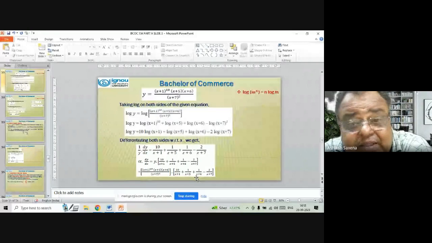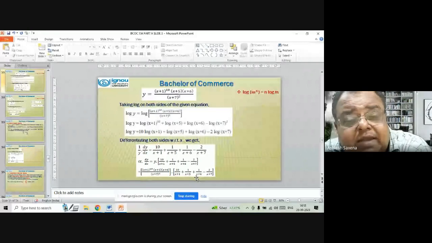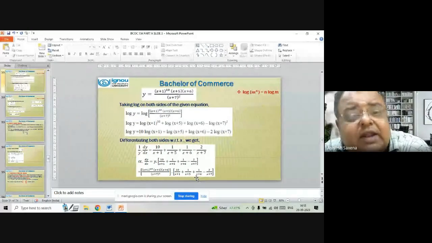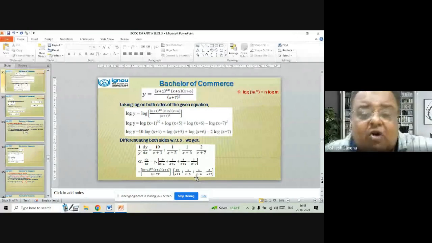That means a rational function. I cannot apply quotient rule in this problem. I will be applying log on both sides. Log y is equal to log of this.